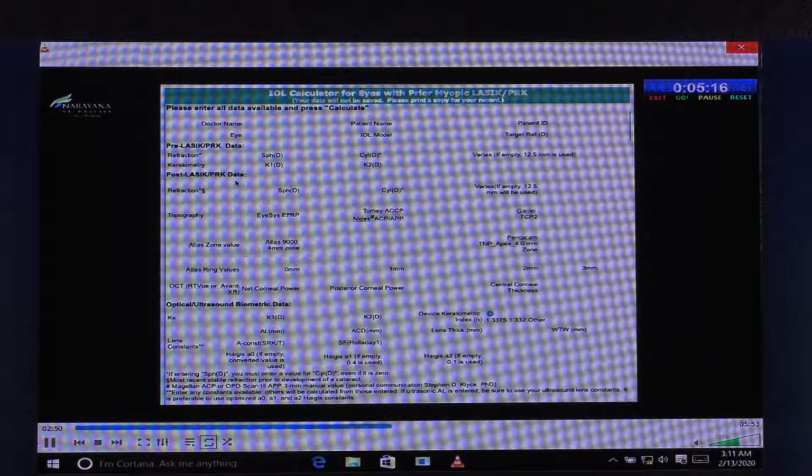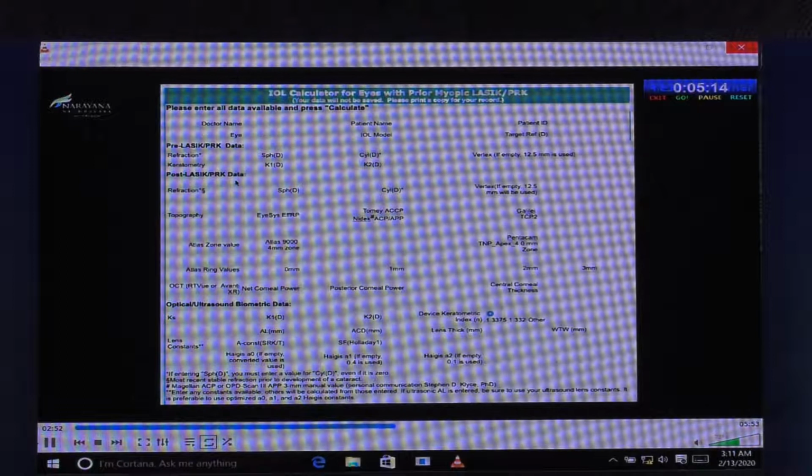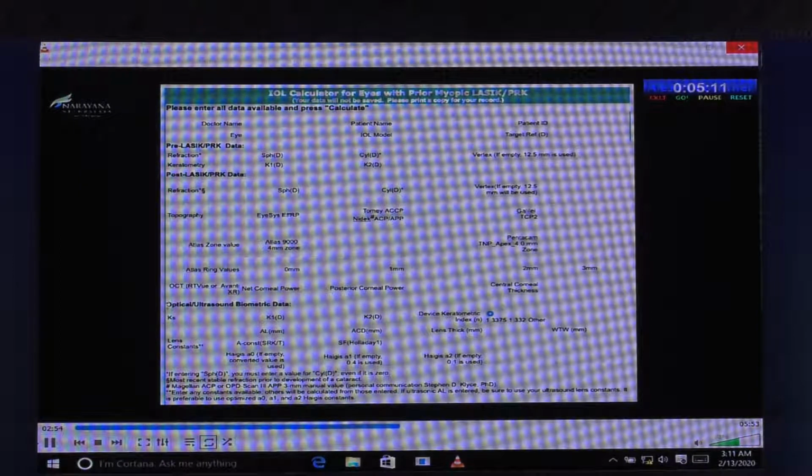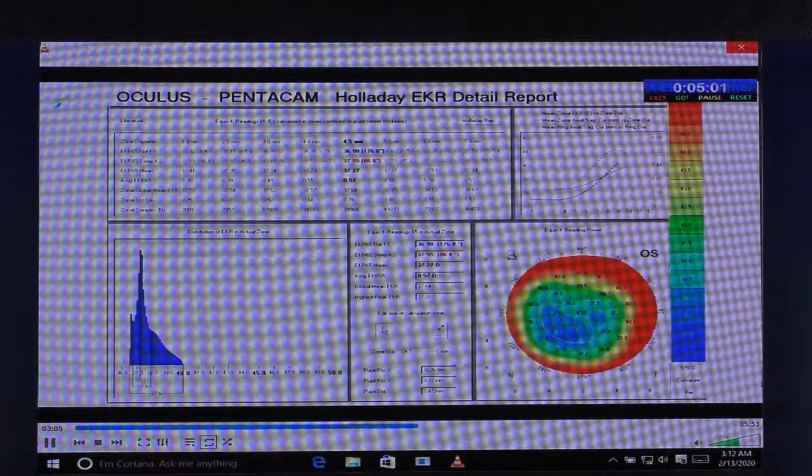The more the data from different machines, the better is the outcome. After filling in the biometry data, the calculator will give you information for all the formulas available with the given data. In place of Atlas ring topographer values, the Holladay equivalent K reading map can also be used.